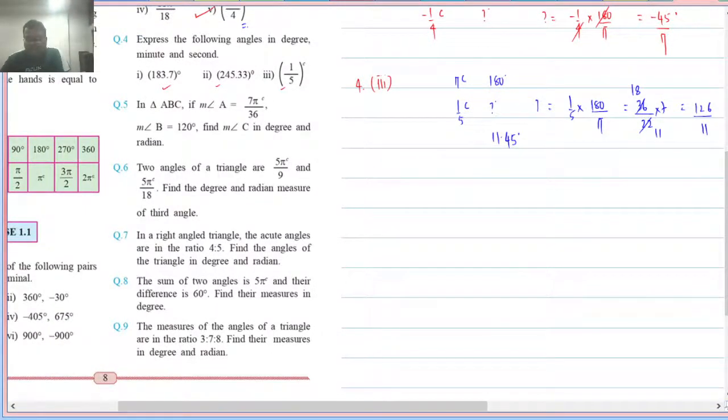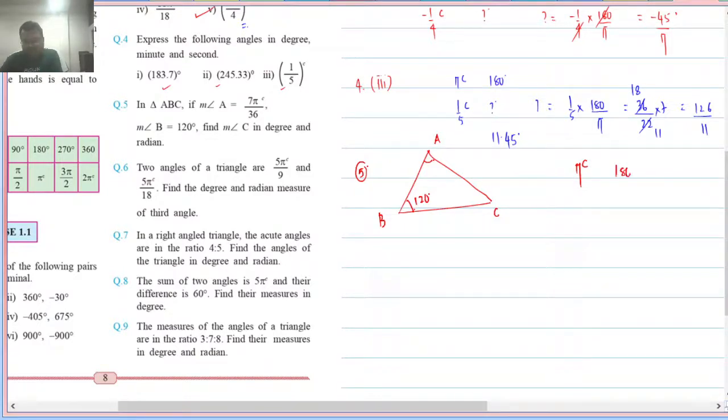Question number 5. I'm just going to set up the question for you. I'm not going to solve this question. If angle A is 7 pi by 36 radians, so you have a triangle ABC where angle B is 120, angle A is 7 pi by 36 radians.